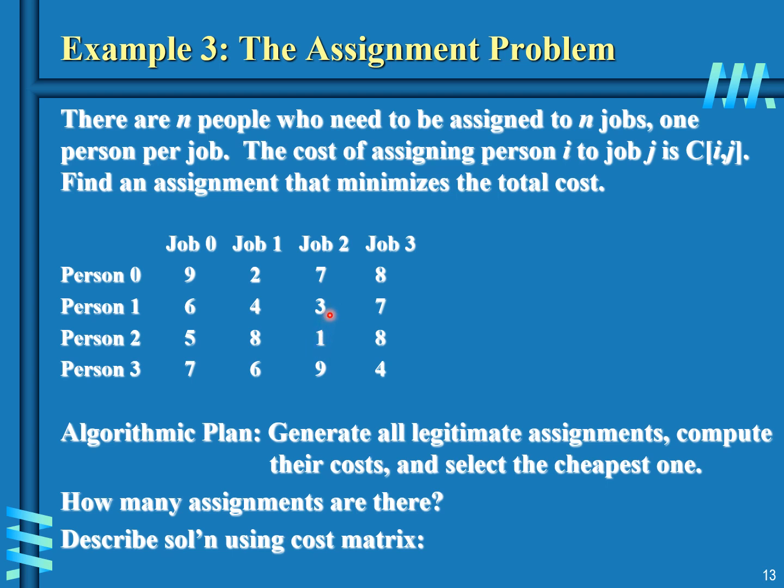So in this row you go for the next minimum value. The next minimum value is 4. Here also you are violating, you are assigning the same job to more than one person. So the next minimum is 6. So that's why the possible minimum assignment is 2, 6, 1. Then in this row also the minimum value is 4.